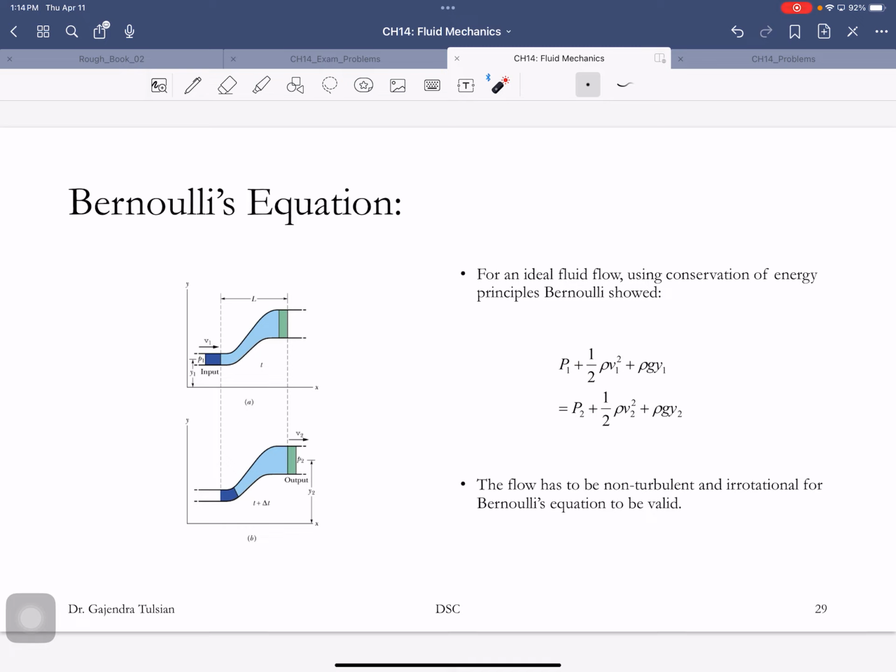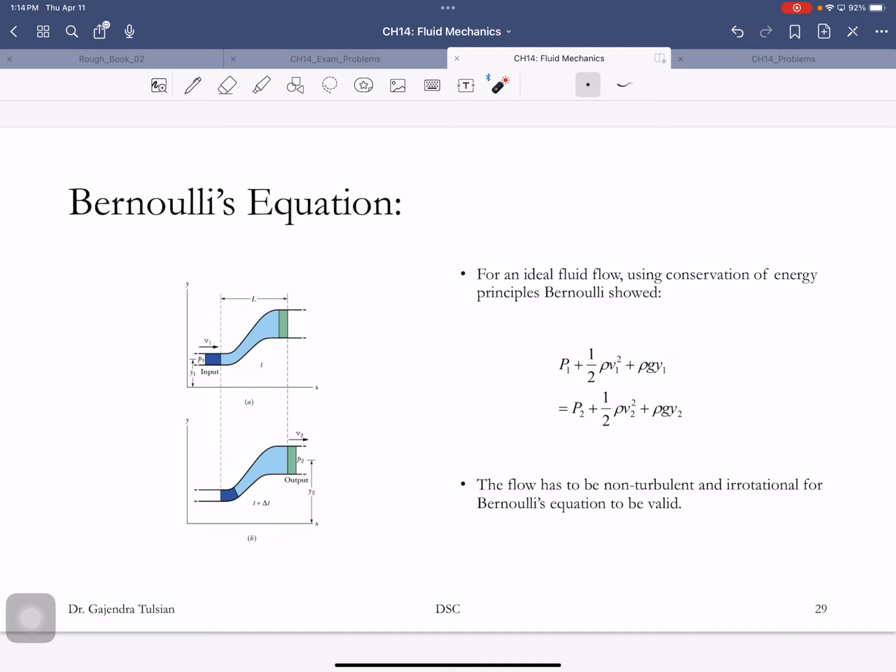And that's Bernoulli's equation. P1 can be any point and P2 can be any point, so the sum of those three terms is constant at all points. This is something that you want to remember.